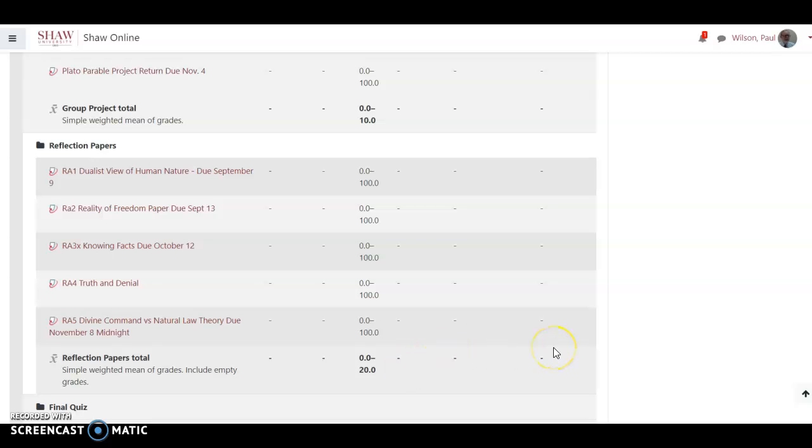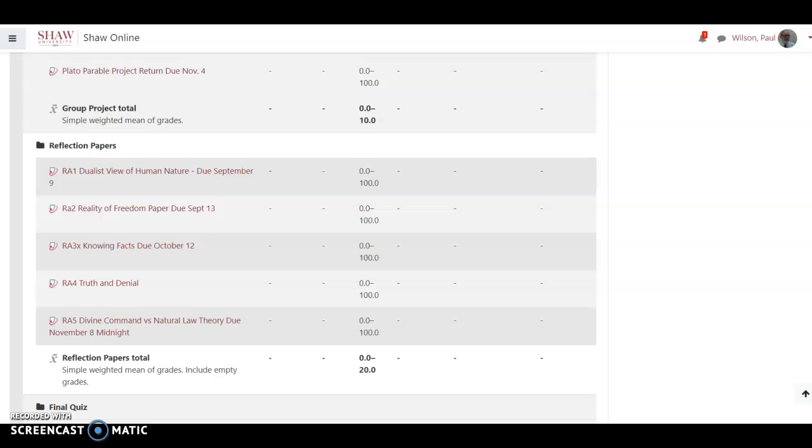So what does that mean? 5 papers, 20%, 4% each one completed could add 4%, each one omitted could take away 4% from the course total.